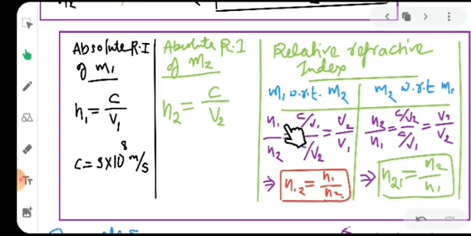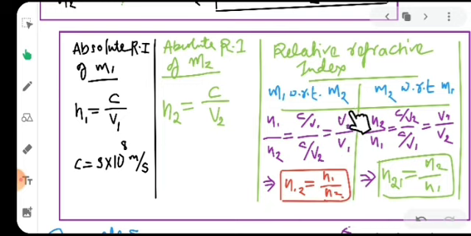So I have replaced n1 with c over v1, and in the denominator, n2, which was c over v2, is replaced right there. In the numerator we have a ratio with c in it, and in the denominator another ratio again with a c. Both of them cancel out, and what we are left with is 1 over v1 divided by 1 over v2, which reciprocates to give us v2 over v1.